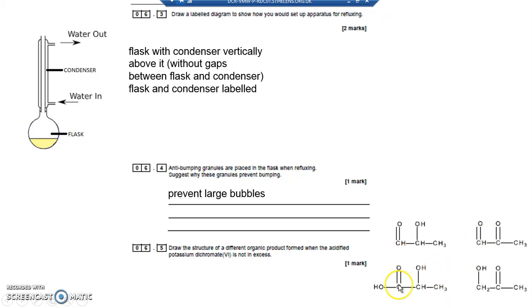You could also say this one's turned into an aldehyde and a carboxylic acid group, but this one hasn't turned into a ketone group here, or you could keep this one as an OH and turn this into a ketone. So you can have any combination of aldehyde, carboxylic acid or ketone, but not forming the full carboxylic acid and ketone groups.